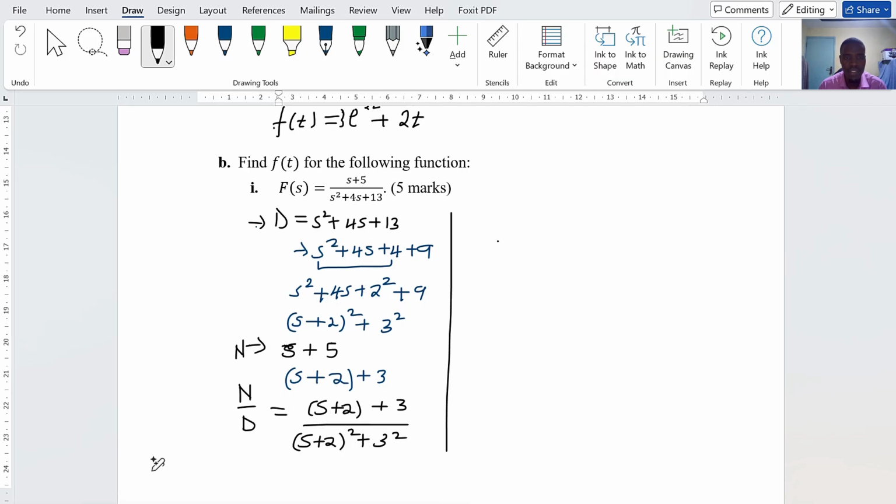Now we can split the function, and this is how it's going to be. We can split it as s plus 2 over s plus 2 squared plus 3 squared, then plus 3 over s plus 2 squared plus 3 squared. You have split this function. So we have s over the denominator, then 3 over this.